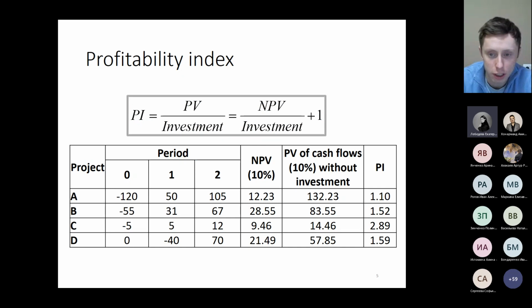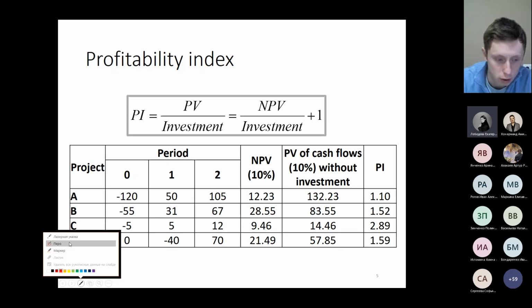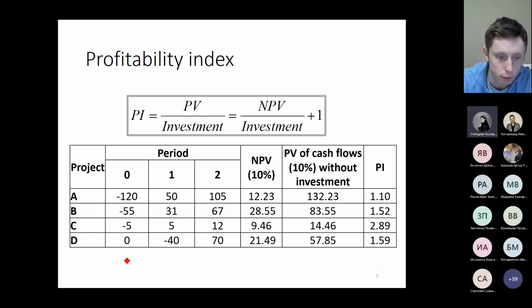Now we have a chance to revise the concept of the net present value here. We can consider the first project in order to revise how this NPV works. So NPV, let's write it down.